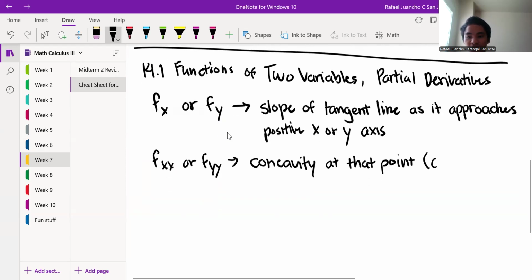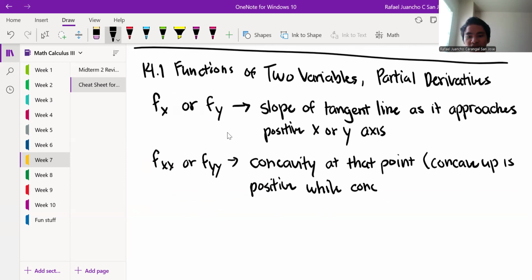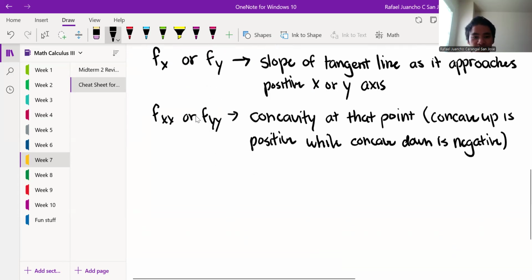Concave up is positive, while concave down is negative. That's it. And then we're looking again at fxy, which is just equal to fyx based on Clairaut's theorem.